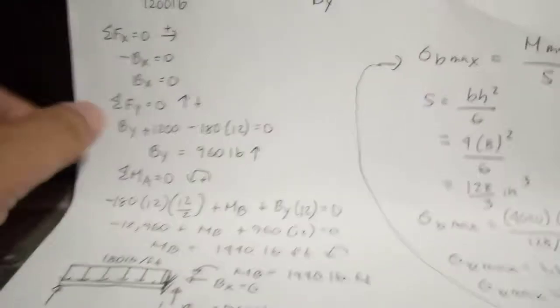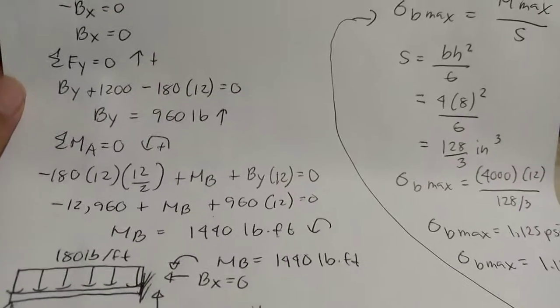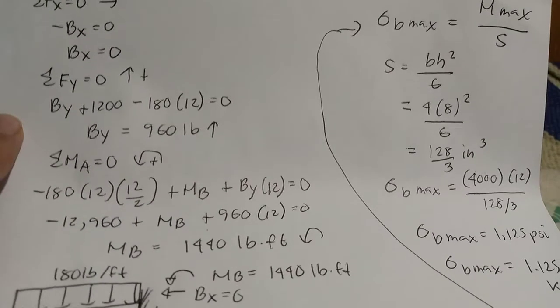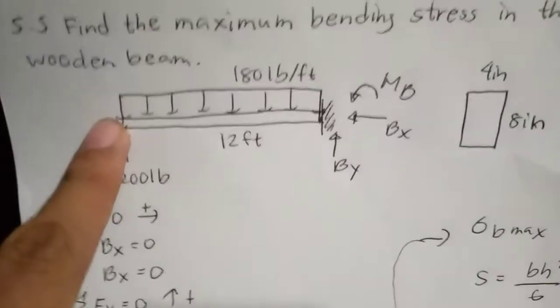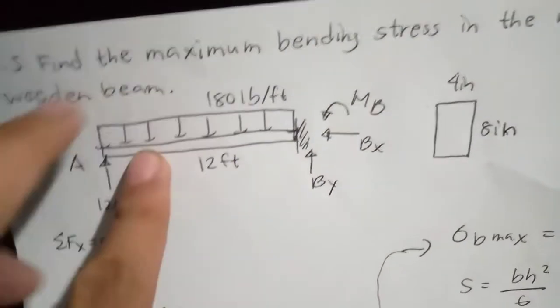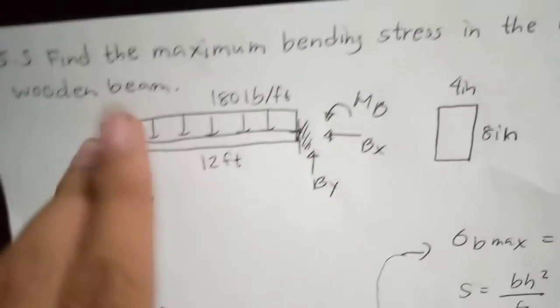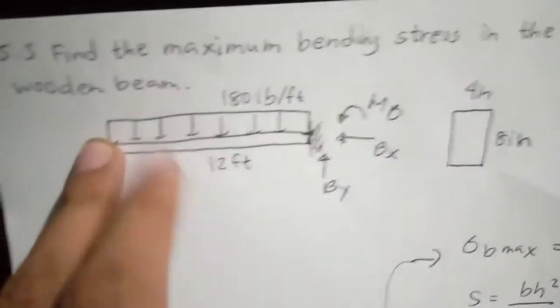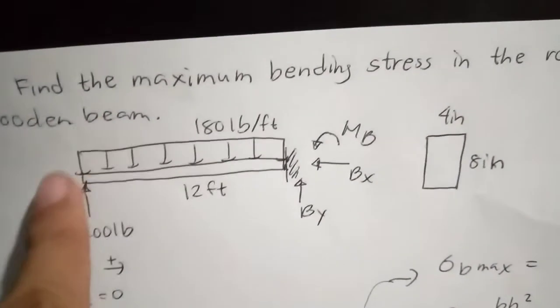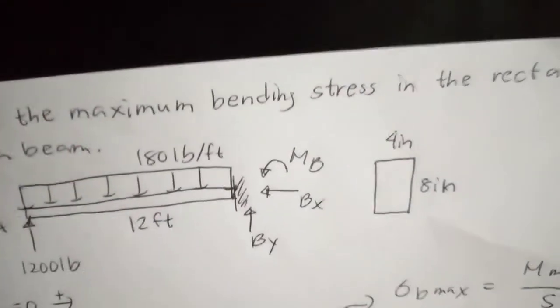So it is upward. The third one is I sum up moments at A equal to 0. Here, I assume counterclockwise as positive. Since we sum up moments at A, let A be your steady point, and the rest of the forces will make the beam rotate. Relative to A, this 180 lb per foot will rotate clockwise, so we have negative.